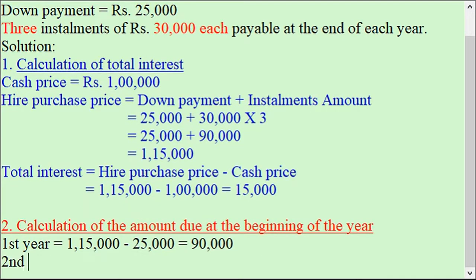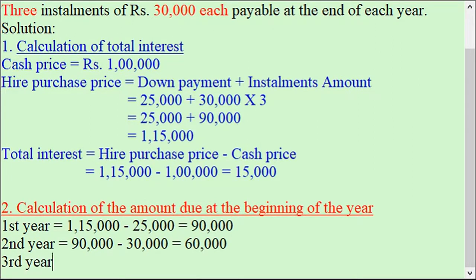Similarly, second year: 90,000 minus, I'm talking about second year beginning, means first year is over. So when first year is over, you would have paid first installment. What is the first installment? First installment is 30,000. So the amount due at the beginning of second year is rupees 60,000.